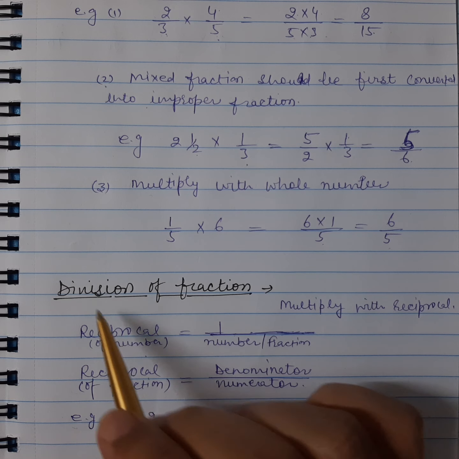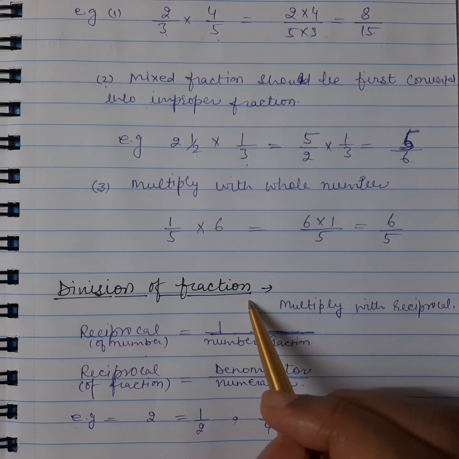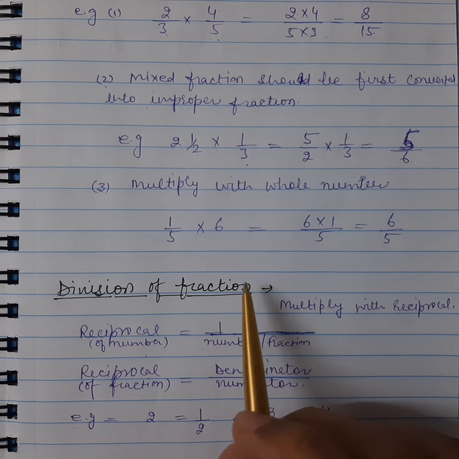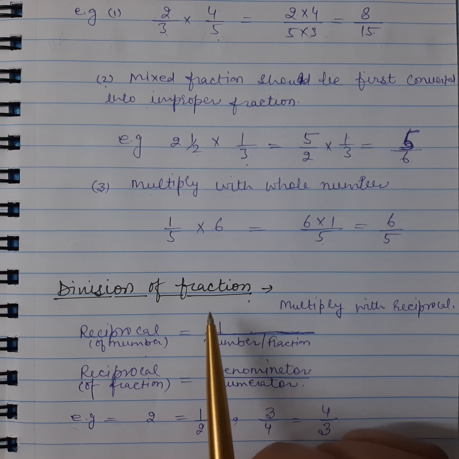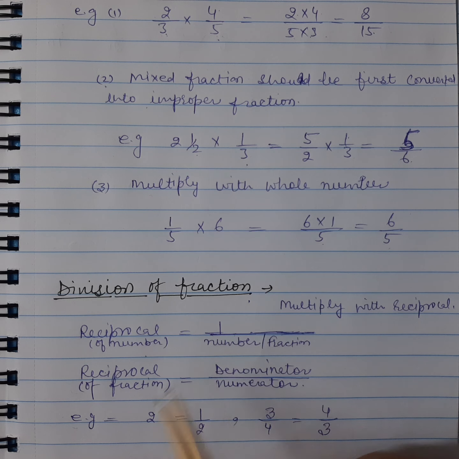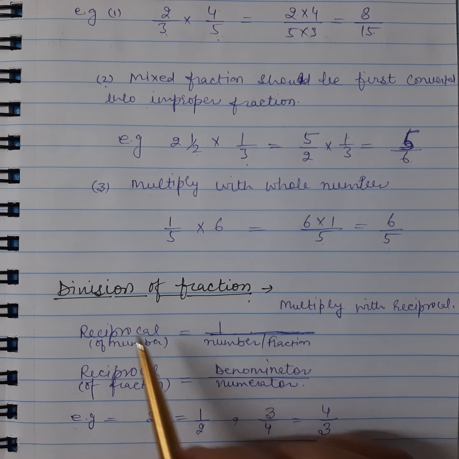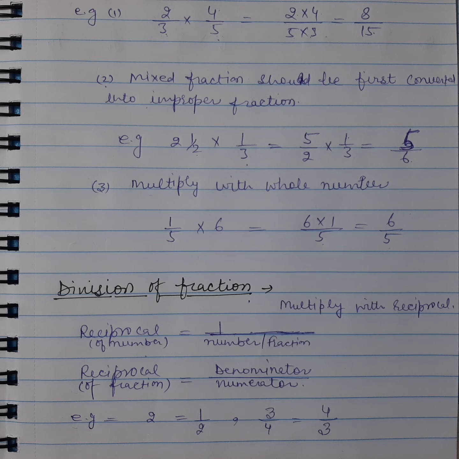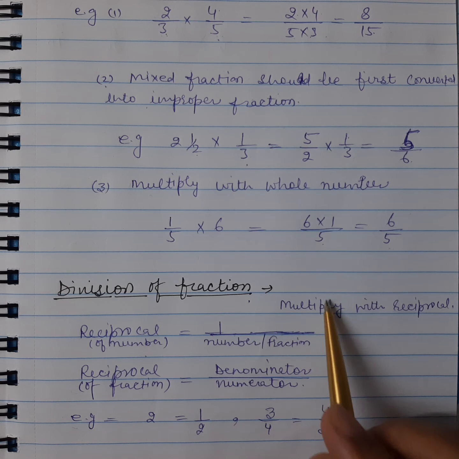So now let's learn division of fractions. Like multiplication, we also do division, but in division we first have to convert the division into a multiplication sign. So how do we do it? We convert the fraction which needs to be divided into its reciprocal.